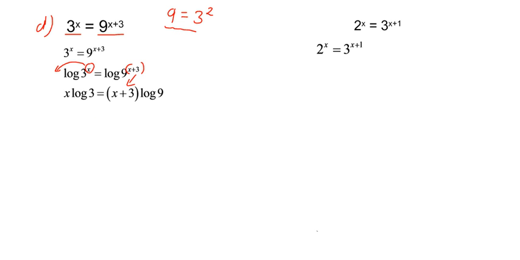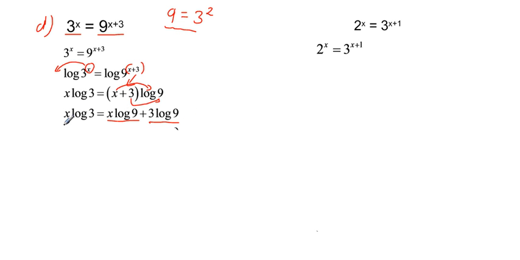Okay, so we have to solve for x. Before you solve for x, you need to simplify, and you can simplify by first using the distributive law. Multiply x times log 9 to get this term. Multiply 3 times log 9 to get this term.